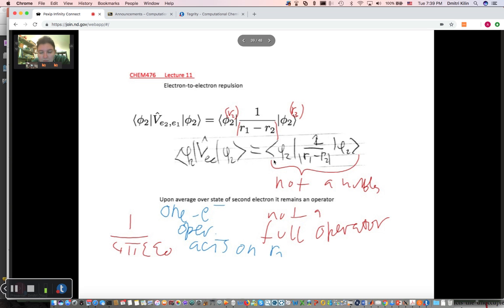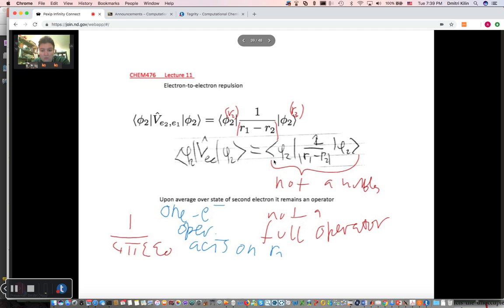So electron repulsion is the most challenging term, and it depends on two variables: the position of the first electron and the position of the second electron. But now we perform this bra-ket averaging over the second electron. So the resulting object will be neither a two-electron operator nor a number.